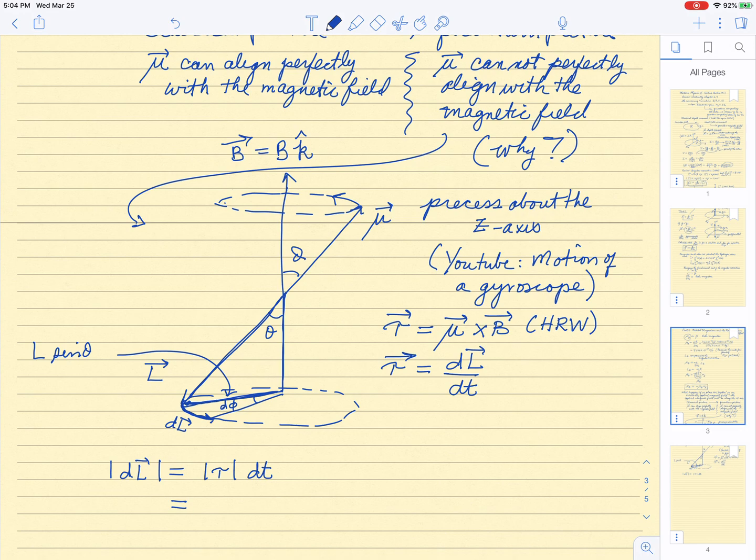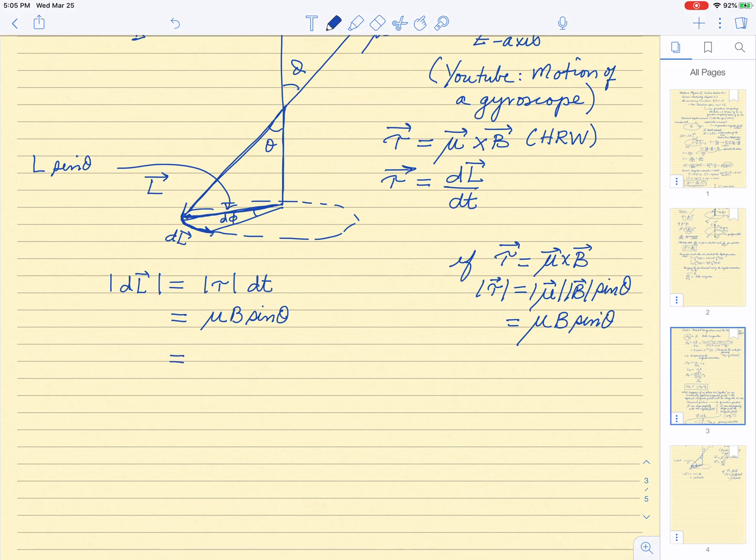And so this then is going to be mu B sine of theta from above, because if torque is equal to mu cross B, then the magnitude of the torque is going to be the magnitude of mu times the magnitude of B times the sine of theta, okay, which we'll just let be equal to mu B sine of theta.